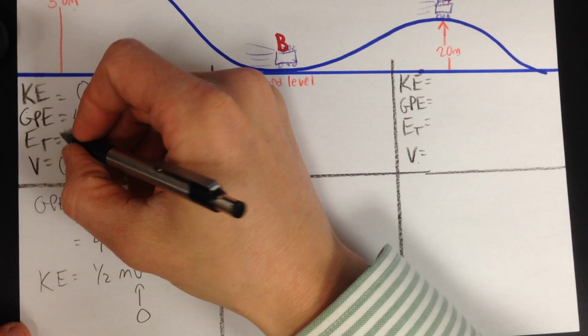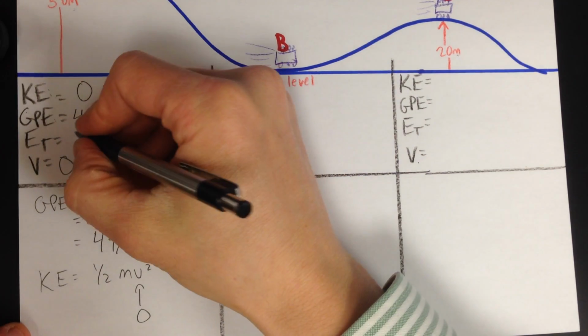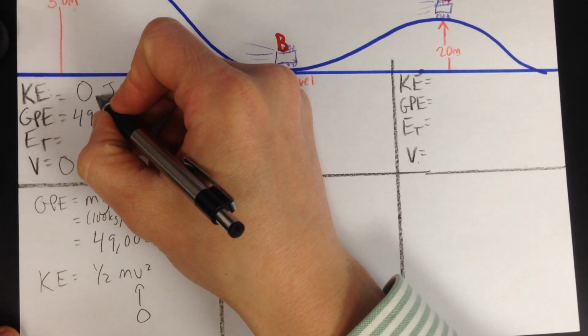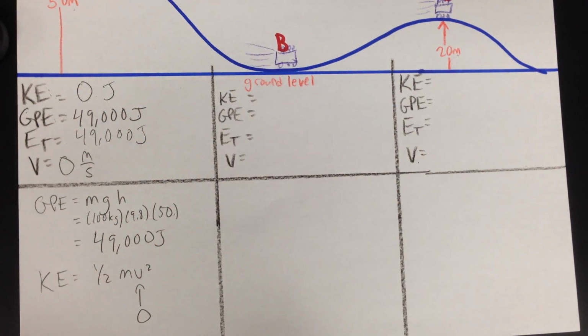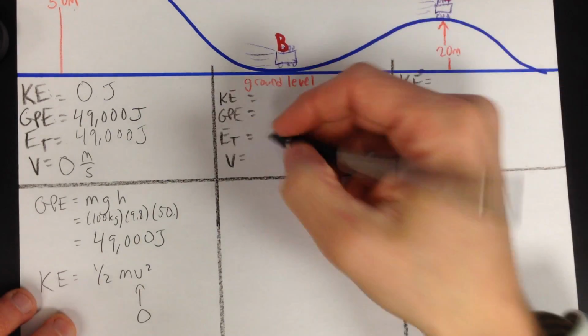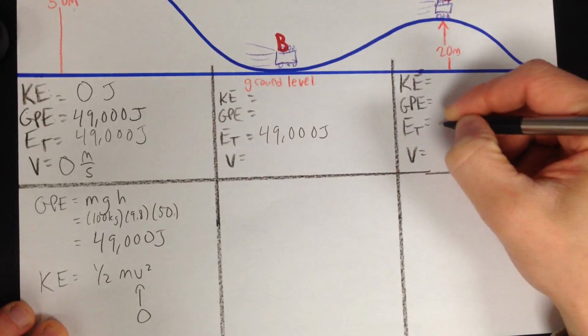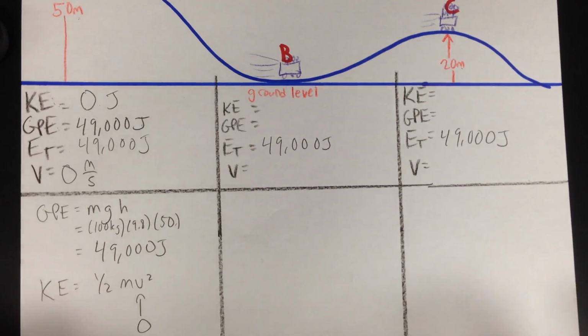Your total energy is the sum of KE and GPE. So your total is going to be 49,000 for the GPE plus 0 for the KE, which is still 49,000 joules. Now, what do we know about total energy? We know that in the absence of friction, which we're going to assume there's no friction here, it stays the same. So we know that 49,000 is our total energy at all locations, right?